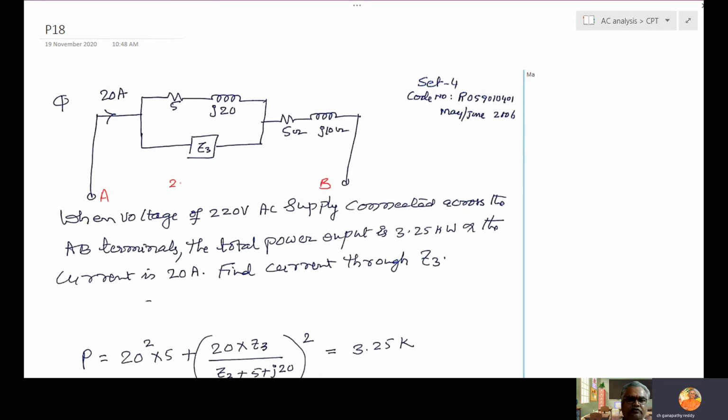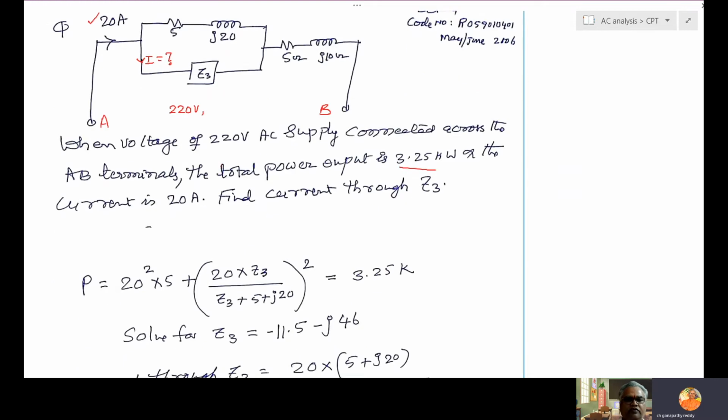The voltage applied is 220 volts, and the total power input is 3.25 kilowatt and the current is 20 amps. Find the current through Z3. That is the question.